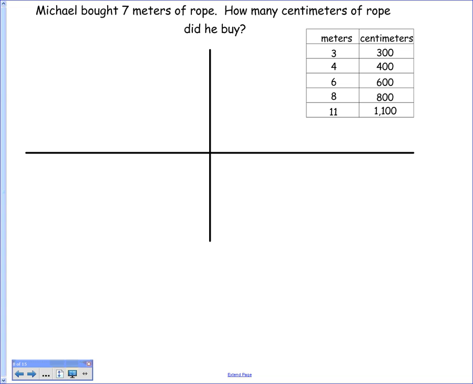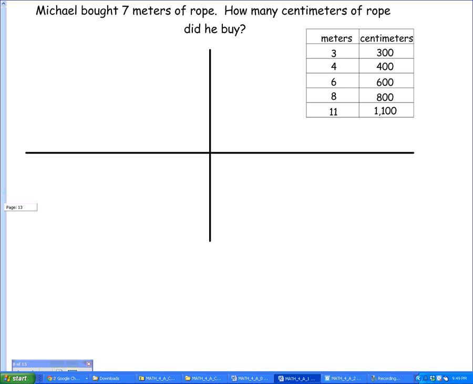All right, so let's look at a problem. We've got Michael, and he bought 7 meters of rope. How many centimeters of rope did he buy? Well, they gave us the chart already. I could look on my mathematics chart if they hadn't given it to me already, but they did, so we can use it.